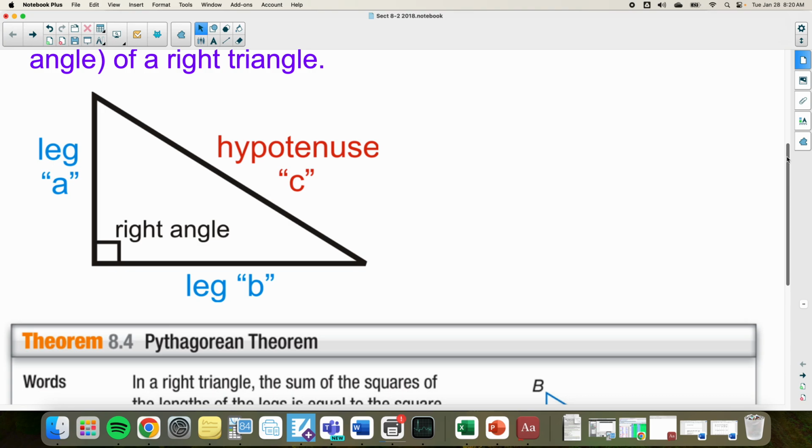And then the two sides that border it are called the legs. When you go to do Pythagorean Theorem, we call the hypotenuse C, and we call the two legs A and B. And what Pythagorean Theorem says is A squared plus B squared equals C squared.